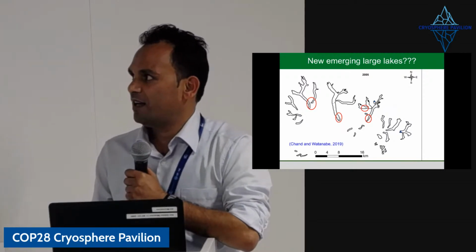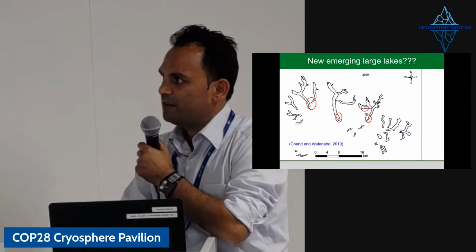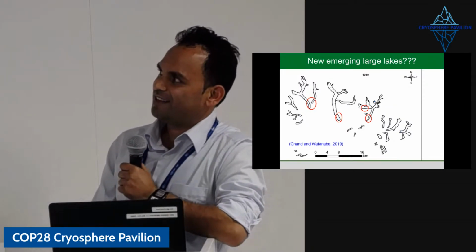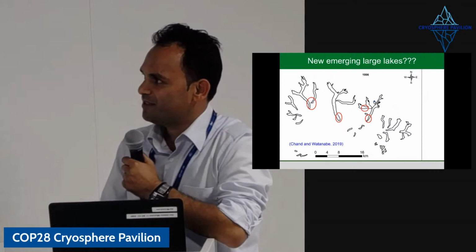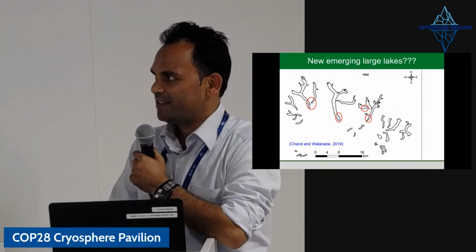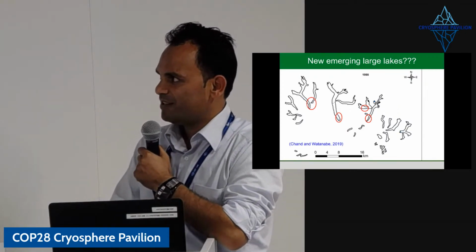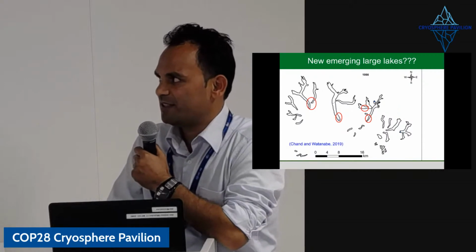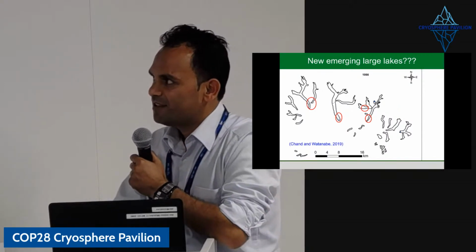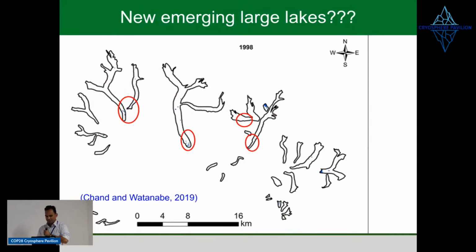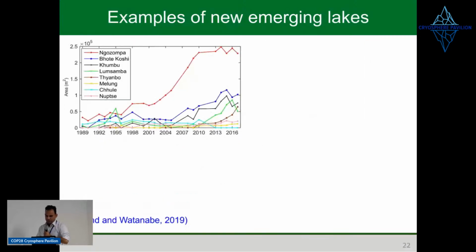This is how I observed glacial lakes changing over time using temporal satellite images. We can see that at certain points, especially at the terminus of glaciers, they are increasing very rapidly.